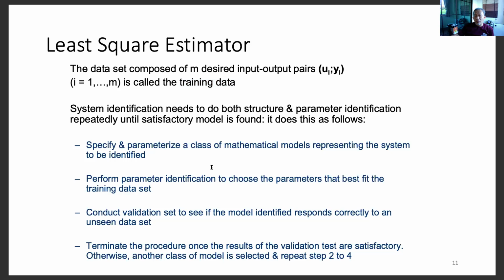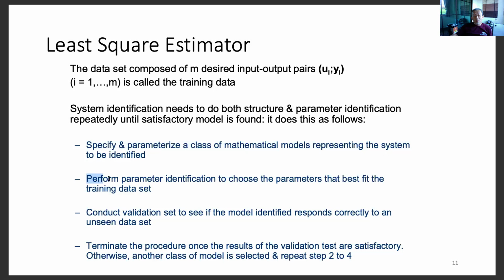System ID needs to do both structure and parameter identification repeatedly. It is a looping process until a satisfactory model is found. First is to specify and parameterize the class of mathematical models representing the system to be identified.